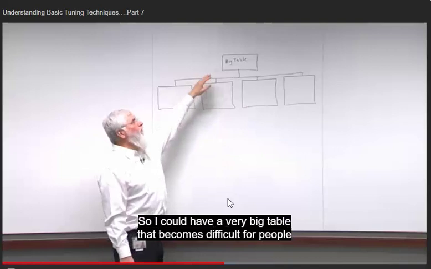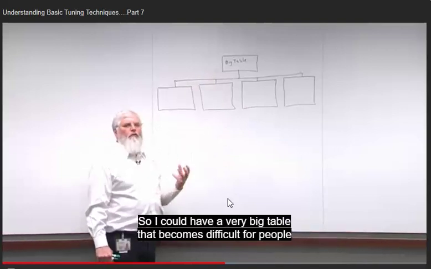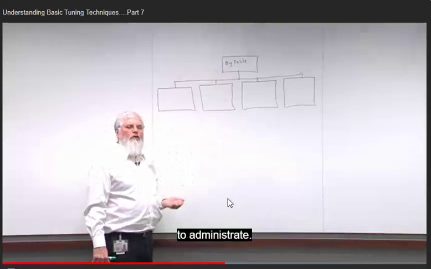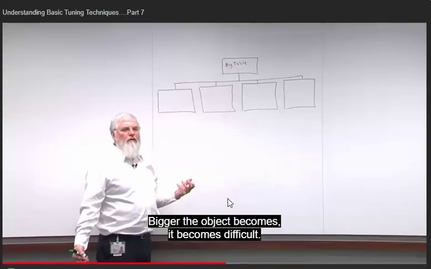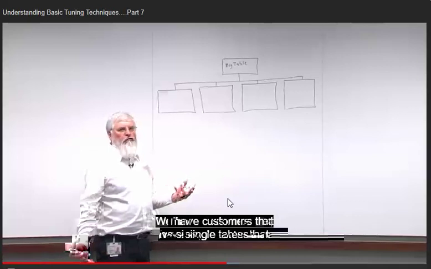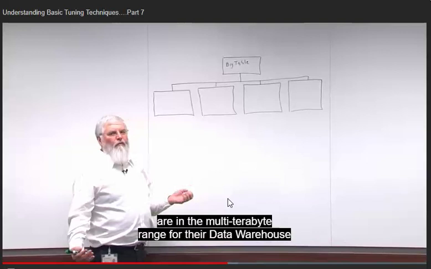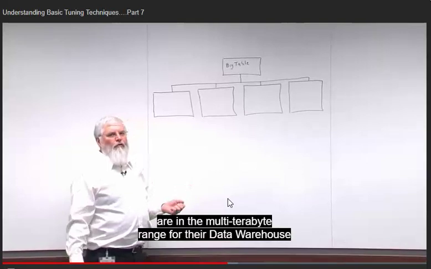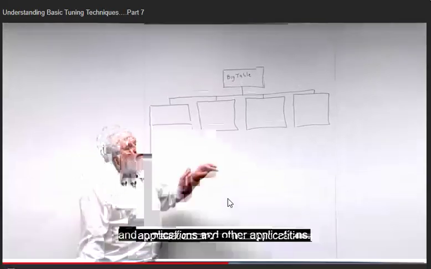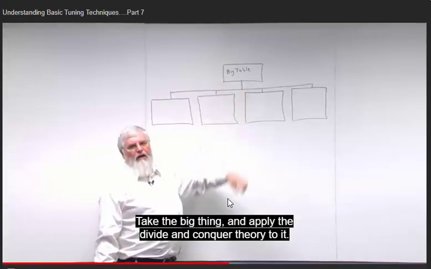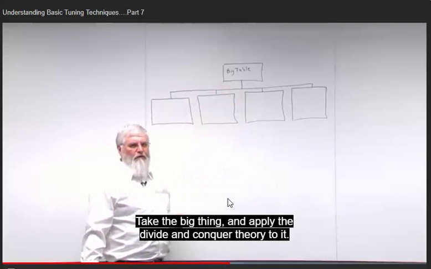We have customers that have single tables that are in the multi-terabyte range for their data warehousing applications and other applications. Take the big thing and apply the divide and conquer theory to it. Break it up into smaller pieces that are easy to work with, and we call these smaller pieces partitions.